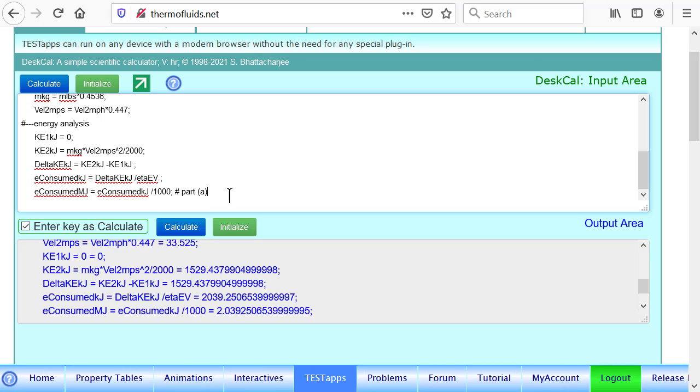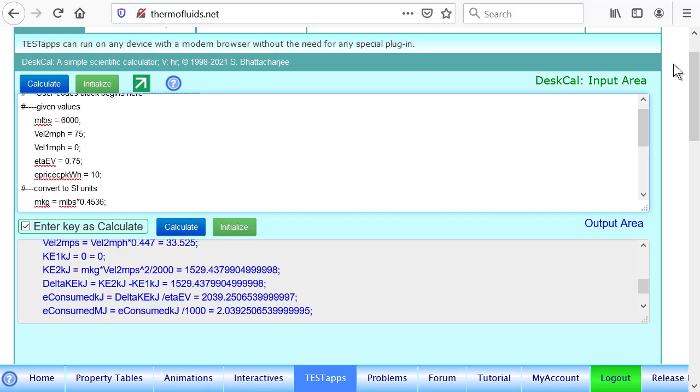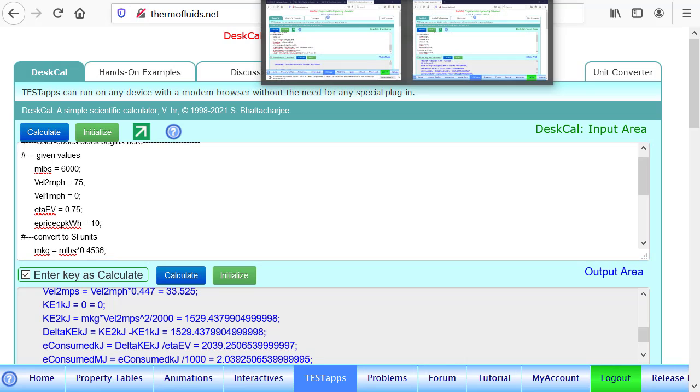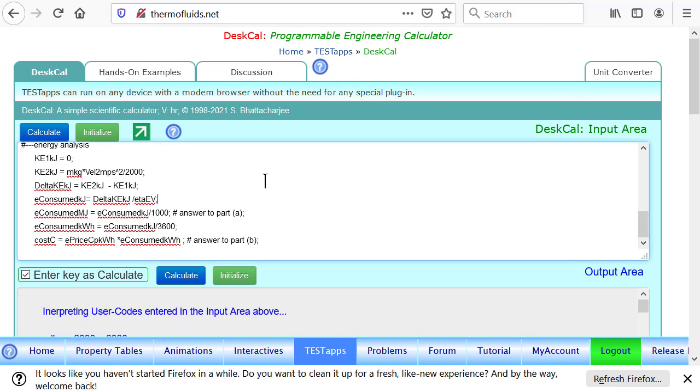For part B, again, we know electricity consumed in million joules, or kilojoules. We can go and find using the unit converter what is the conversion factor for electricity from million joules to kilowatt hour. And basically a kilowatt hour is 3600 kilojoules.